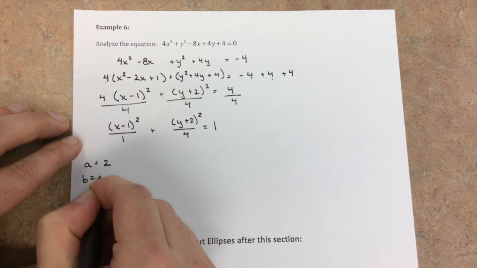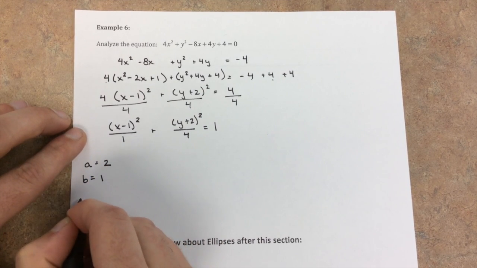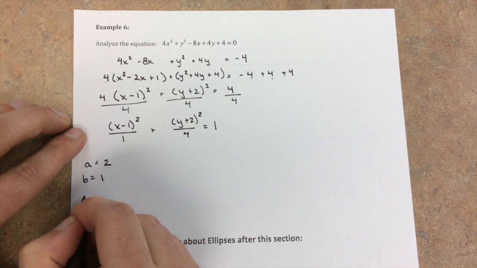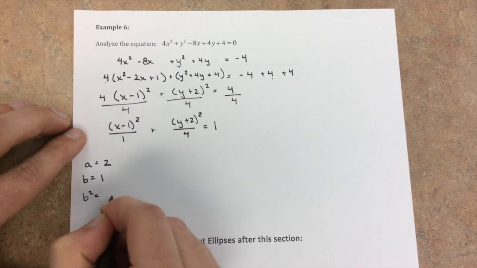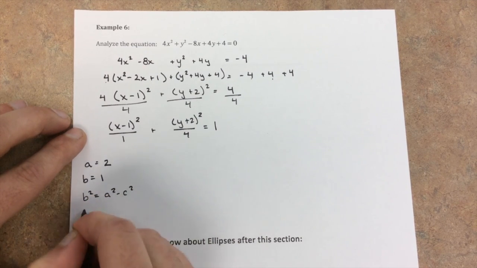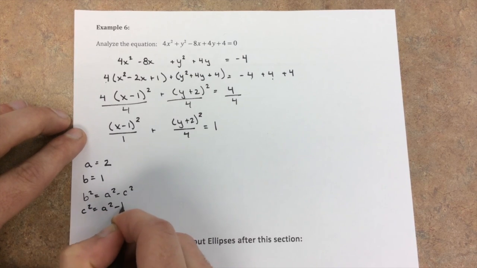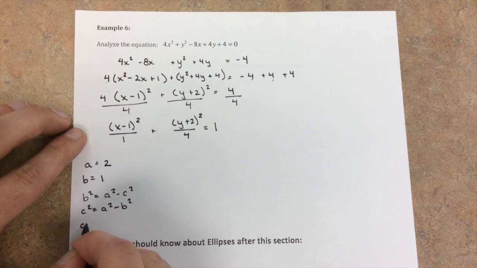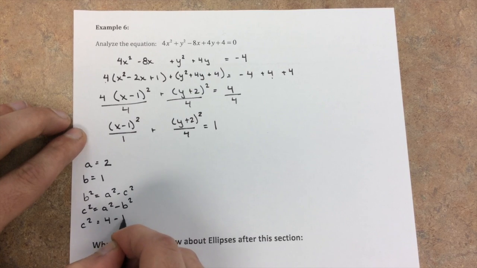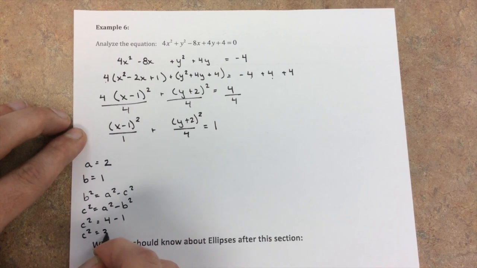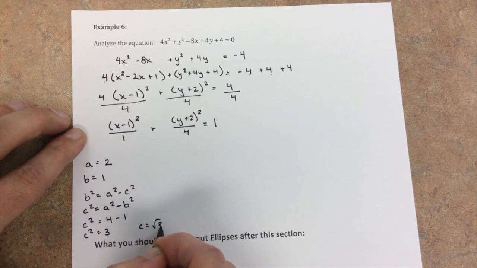Our b equals 1. So our c, b squared equals a squared minus c squared, or c squared equals a squared minus b squared. So our c squared equals 4 minus 1, which is 3. So c equals the square root of 3.